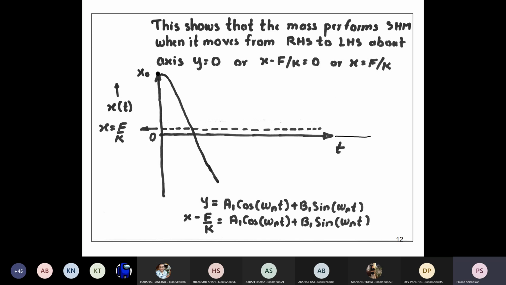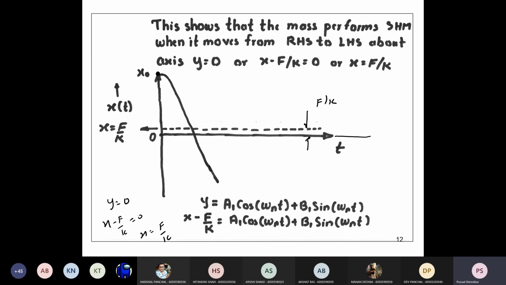This motion is taking place about y is equal to 0, or in other words, y is nothing but x minus f by k is equal to 0, or it is taking place at x is equal to f by k. So this distance on the x axis is f by k, the frictional force upon the spring constant. For one half of the cycle, the horizontal axis about which this SHM is taking place is x equal to f by k.